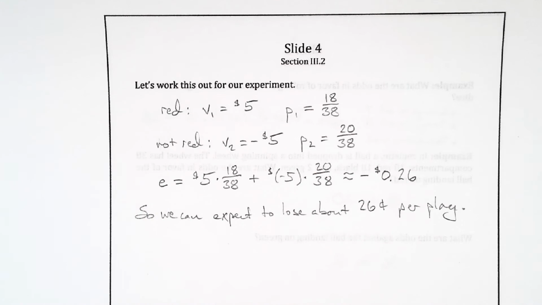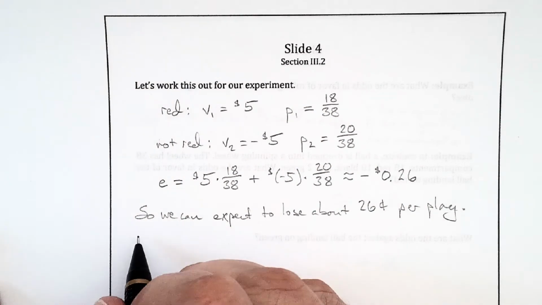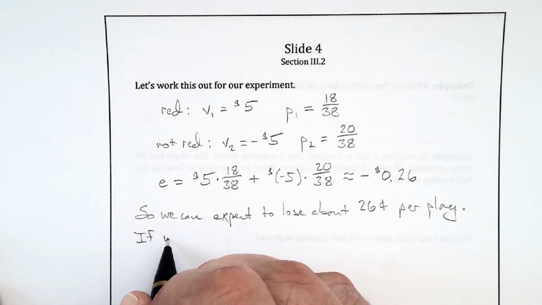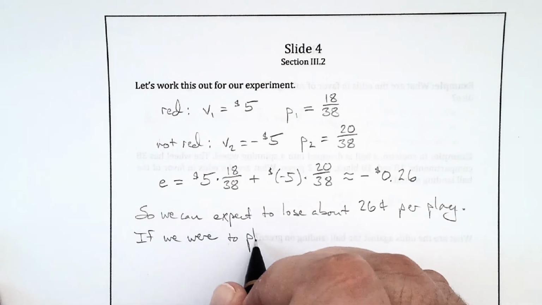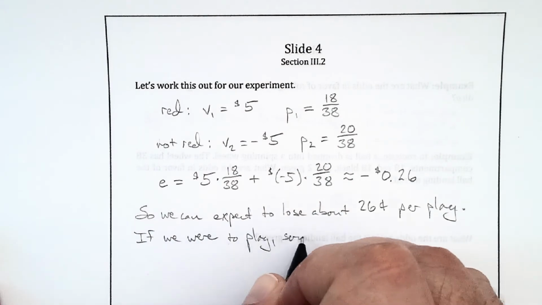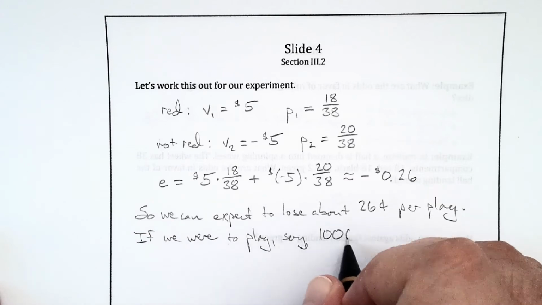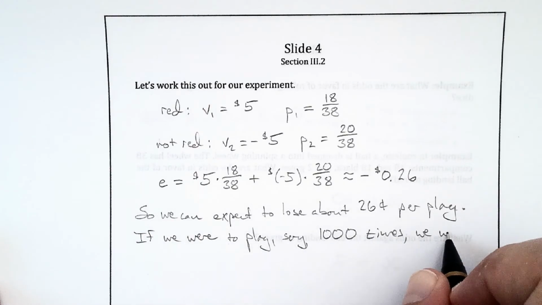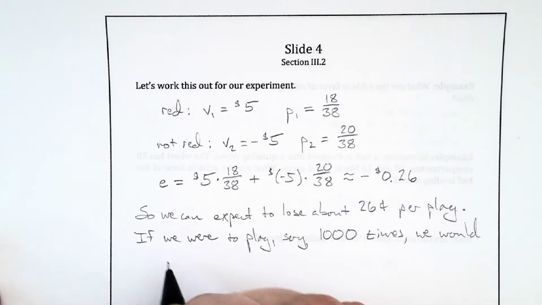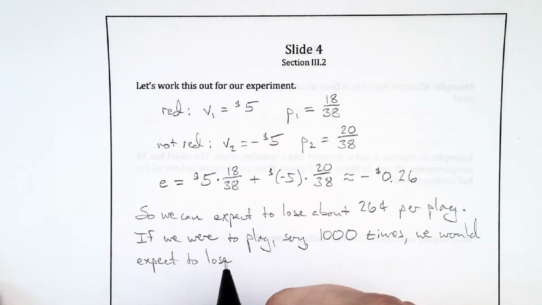But if you were to play, say, 1,000 times, we would expect to lose, well, 1,000 times that.